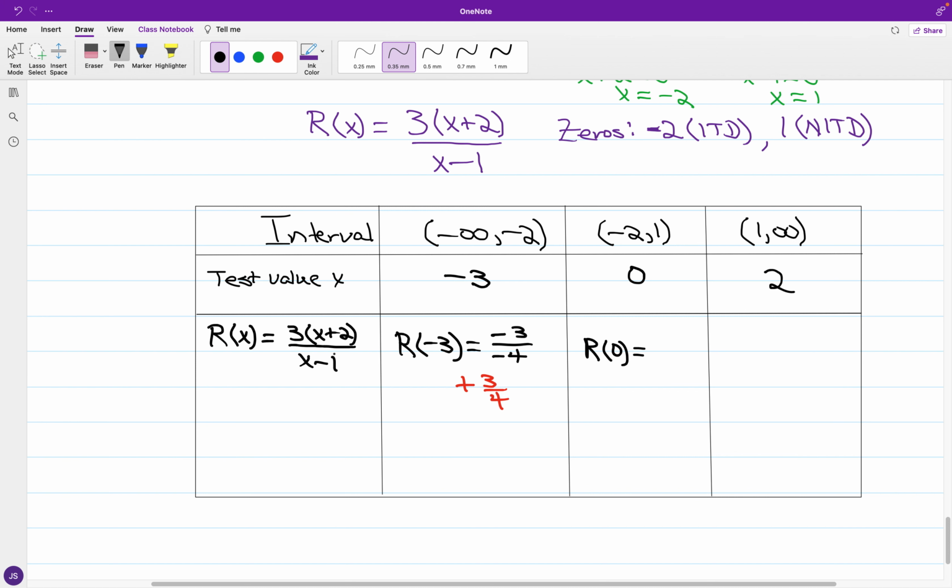And for r of 0, so you got 3 times 2 is 6. 0 minus 1 is -1. And 6 over -1, so that will go to -6. And for r of 2, okay, so you got 2 minus 1 is 1. And 2 plus 2 is 4. 3 times 4 is 12. And 12 over 1 goes to positive 12.